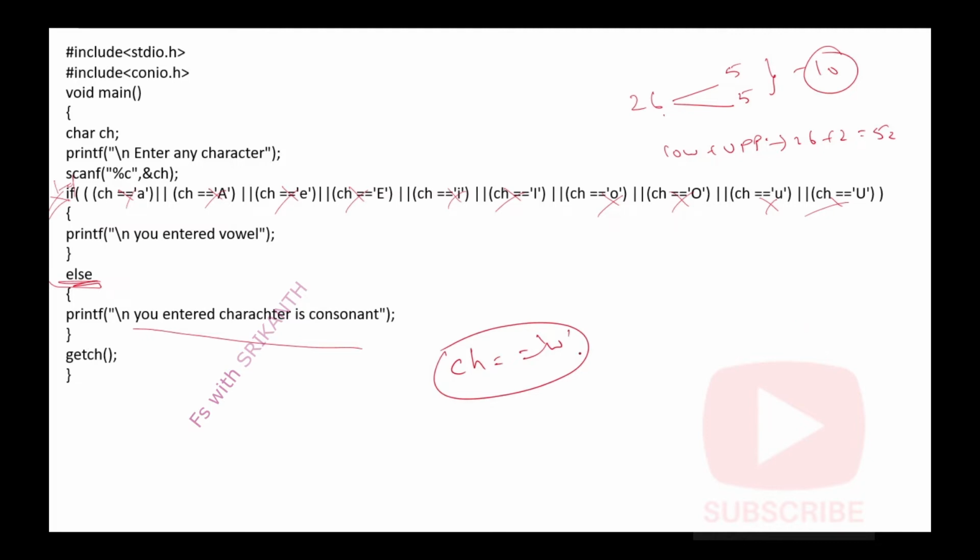So when the user enters A, E, I, O, U, either lowercase or uppercase letters, you consider both. If the user enters something that is not a vowel, then automatically we can confirm that it is a consonant. Just observe, we execute the same program.